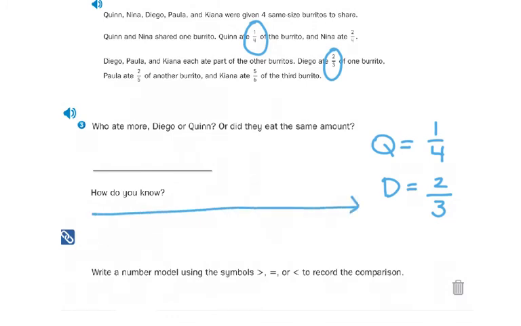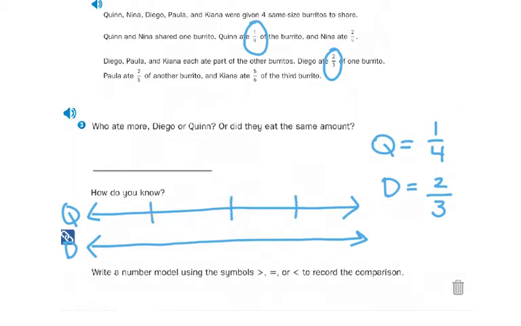So when it says, how do you know? Here's one way. As long as the number lines are the same length, you can say this is Quinn and this is Diego. Divide this into 4 equal sections. And Quinn would be right here at 1/4.